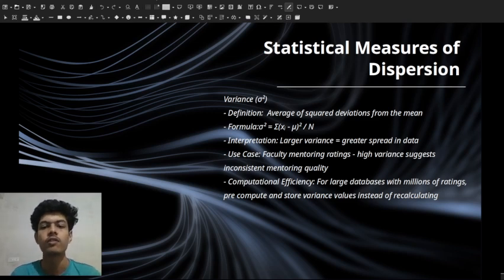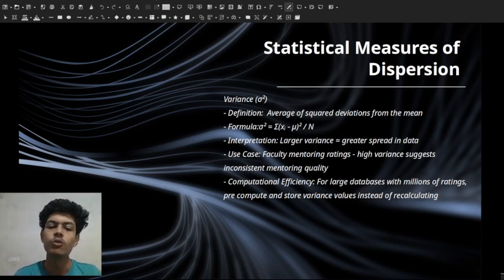Now, what is variance? Variance is the average squared deviation from the mean, and it is represented by sigma squared. Its formula is sigma squared equals the summation of (xi minus mean) whole squared, divided by the number of values.